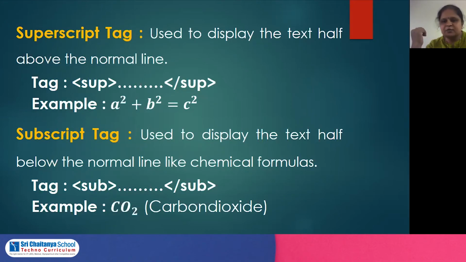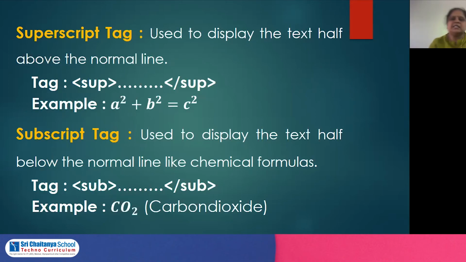Below the O we will write the 2, so it is called subscript. To write this, we have a tag called SUP. SUP means superscript. SUB means subscript. Don't get confused between super and sub. Super means on the top, subscript means on the bottom.